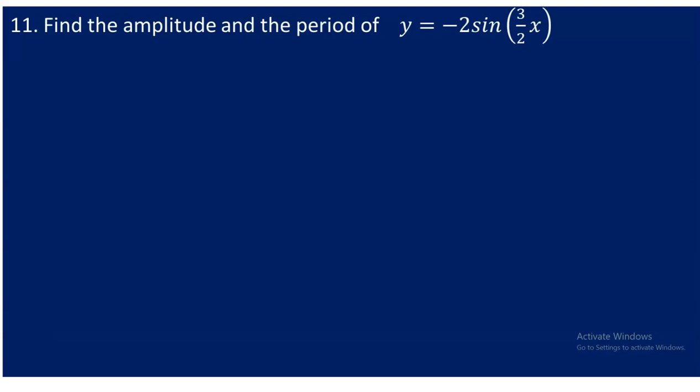The amplitude of a function is the measure of the line segment from the x-axis up to the maximum value, or you may also take the measure of the line segment from the x-axis up to the minimum value. So amplitude is a distance measure, so it can't be negative, it must always be positive.